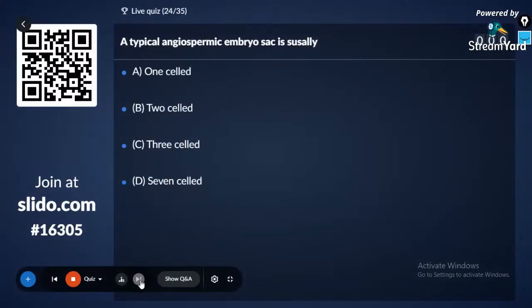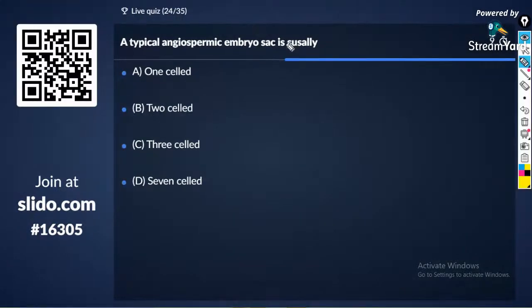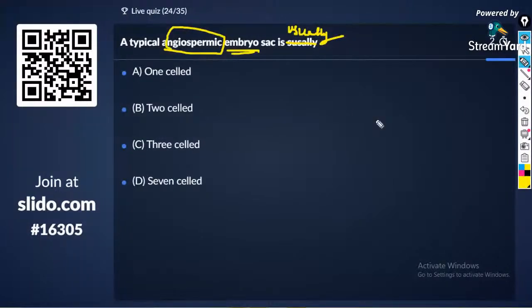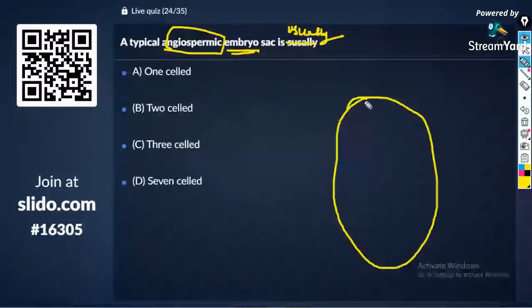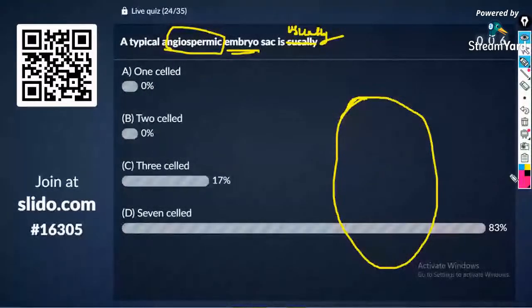A typical angiospermic embryo sac is usually, guys, it is usually... Oh, 3-celled also came as an option. Guys, it is 7-celled. One big cell followed by 2 cells over here. Then you have a big egg followed by 2 synergids.